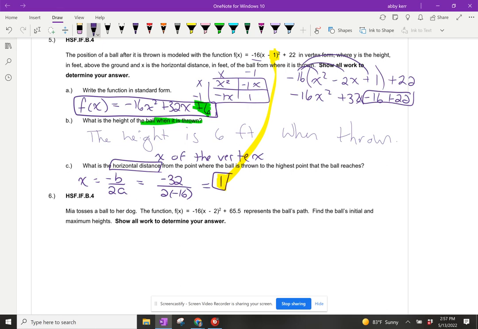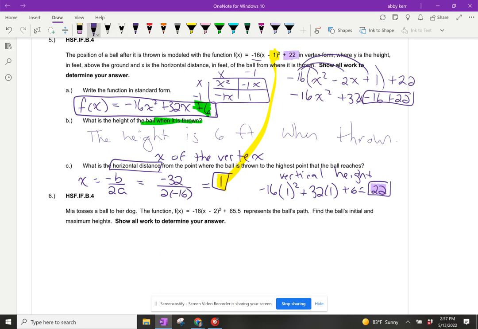Now, if it asks you to do the vertical height, all you have to do is plug that in, negative 16, parentheses 1 squared plus 32. And I'm just doing this extra for right now, just in case the test asks you. And that's 22, which is also your k value of your vertex.